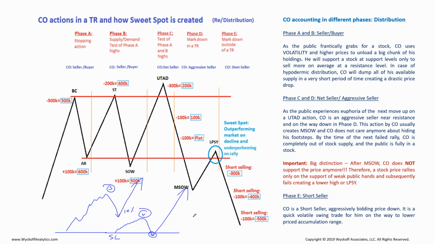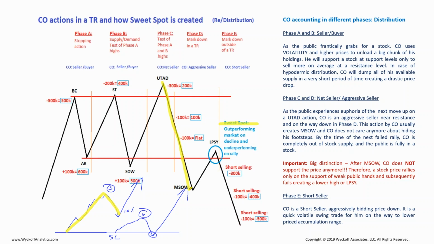So from this perspective, the outperforming asset is going to outperform on the way up and on the way down, and therefore a sweet spot.